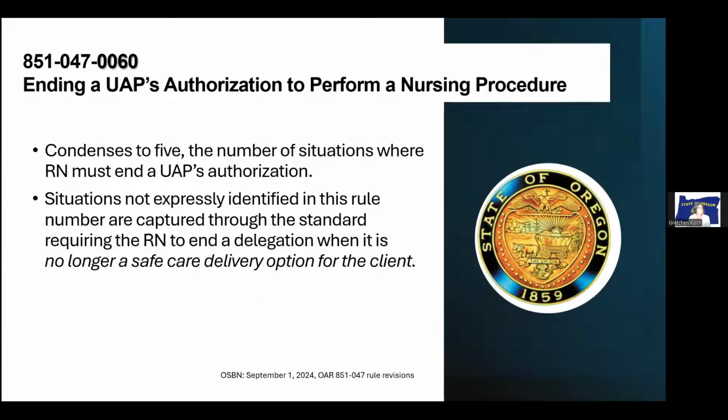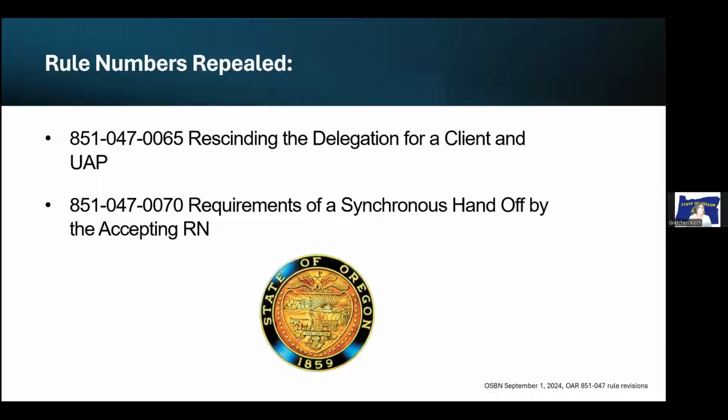Okay, there we go. So the last section I'm going to talk about are the rule numbers that have been repealed or removed. And this is specific to 0065, rescinding the delegation for a client and a UAP, and 0070, which speaks to requirements of a synchronous handoff by the accepting RN.